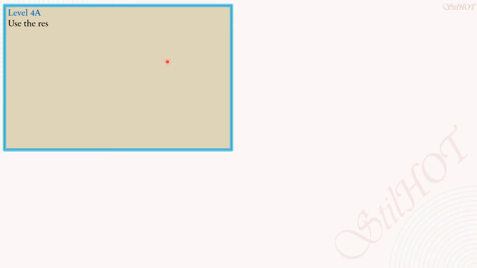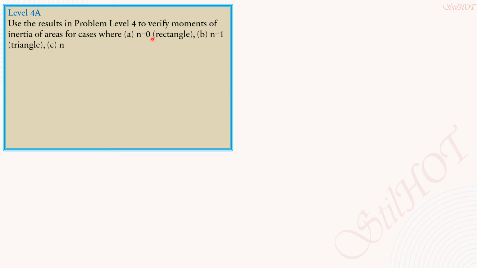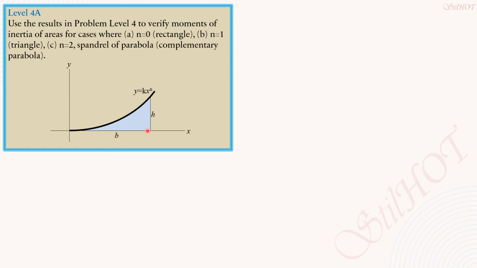Level 4a. Use the results in problem level 4 to verify moments of inertia of areas for cases where n is 0, which is a rectangle, n is 1, which is a triangle, and when the degree of the curve is 2, which is a spandrel of parabola or complementary parabola. So we have the same guide, same shaded area as in level 4.